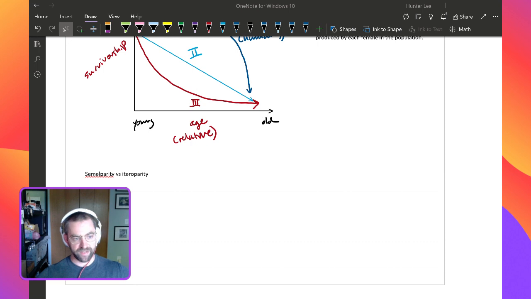So semelparity is a life history characterized by death after the first reproduction. And its alternative is iteroparity, living to reproduce repeatedly.